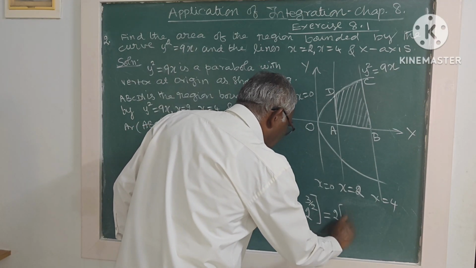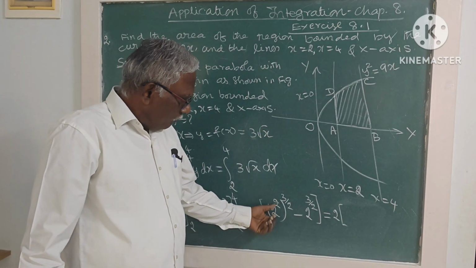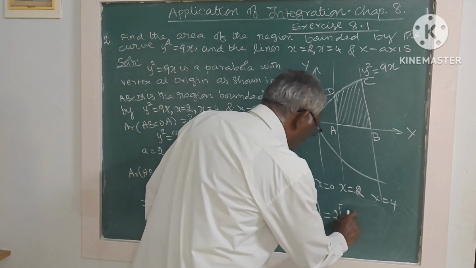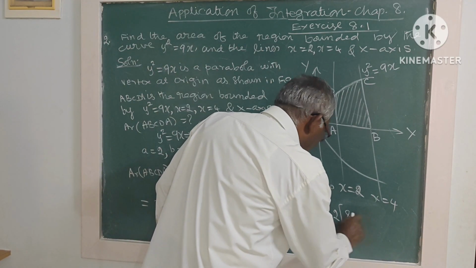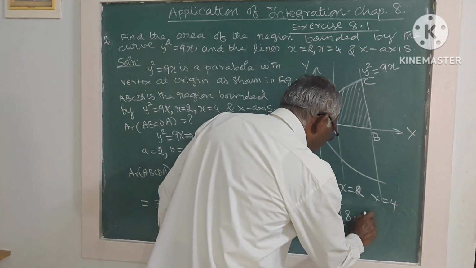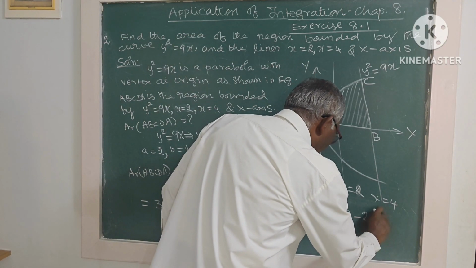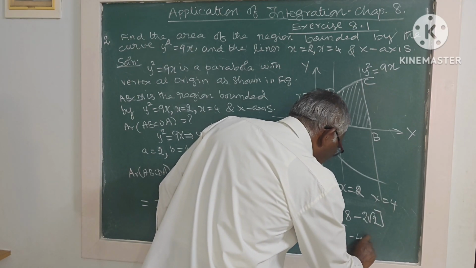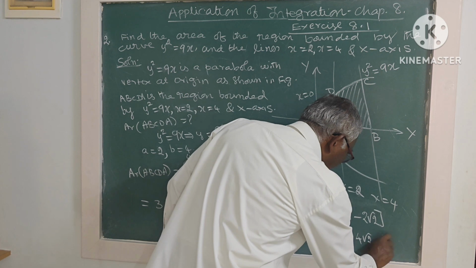Two into this will become 2 square. The 2 gets cancelled. 2 power 3 is 8, minus 2 power 3 by 2 is 2 root 2. So what is the answer now? 16 minus 4 root 2 square unit.